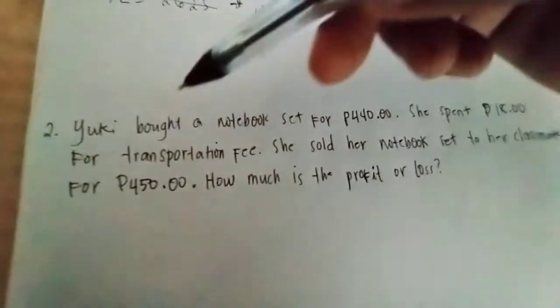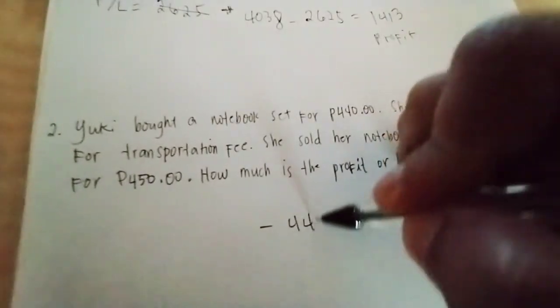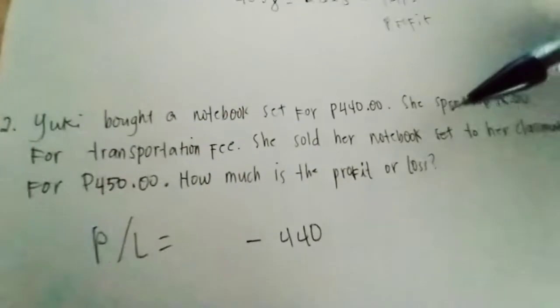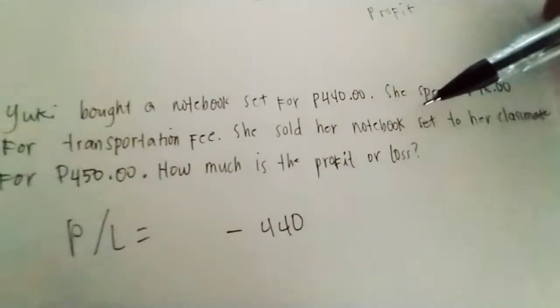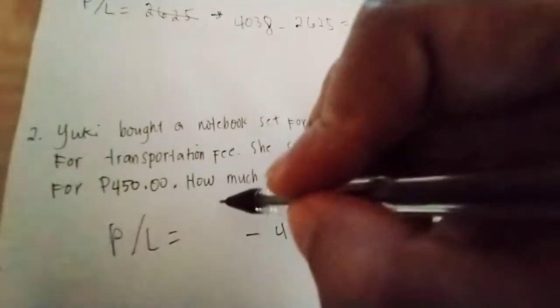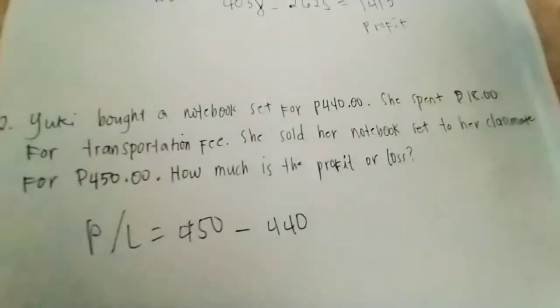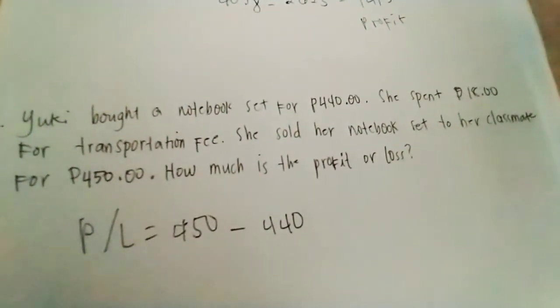Okay, number 2. Yuki bought a notebook set for 440. So, pagka bought, yan yung cost niya. So, yan yung cost, 440. Ito yung profit or loss. She sold her notebook set to her classmate for 450. Binenta niya yan. How much is the profit or loss?